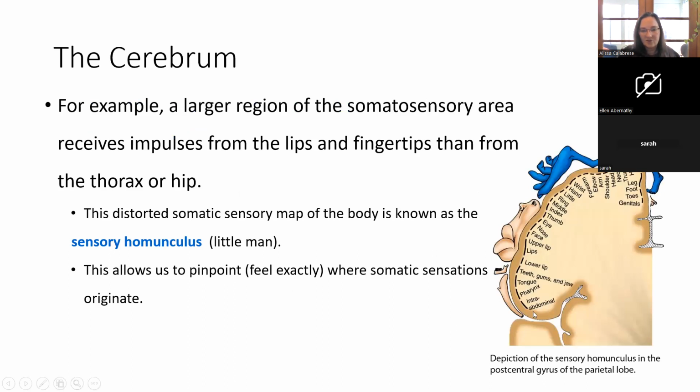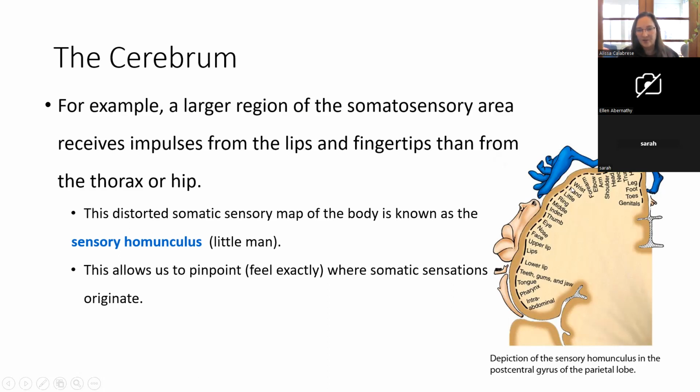And if we look at that gyrus, you can map on the surface of the brain the neurons that are dedicated to interpreting the sense of touch coming from different parts of the body. So if we look at it here, it's like this distorted human figure that's been mapped on the surface of the brain here.